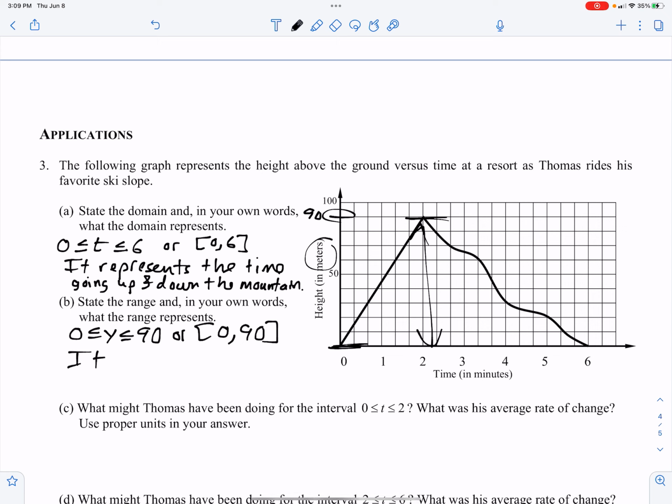And it represents the height of the mountain, yes, but it represents the rise in height from the bottom.